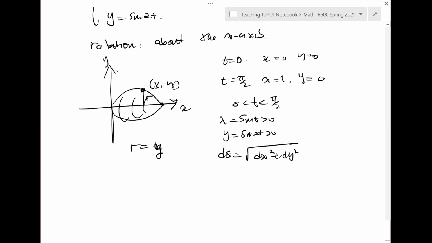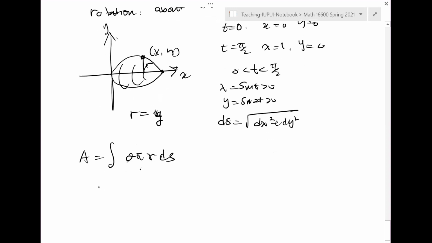All right, so now the surface area is going to be the integral of 2 pi at the very beginning. You can simply write it like this. Then you want to change the variable to t, where t is from 0 to pi over 2. Now y depends on time t, so that's why you put sine 2t.